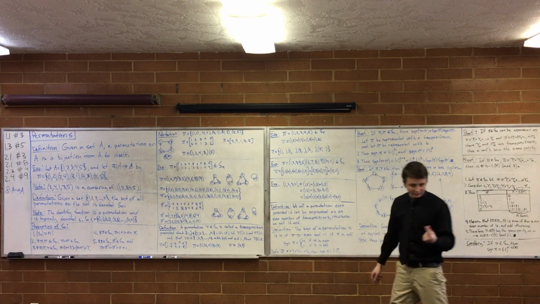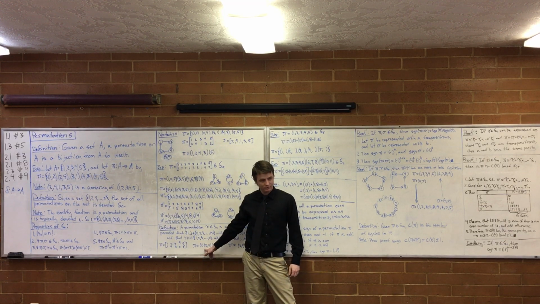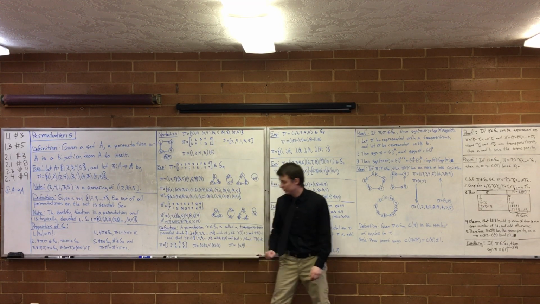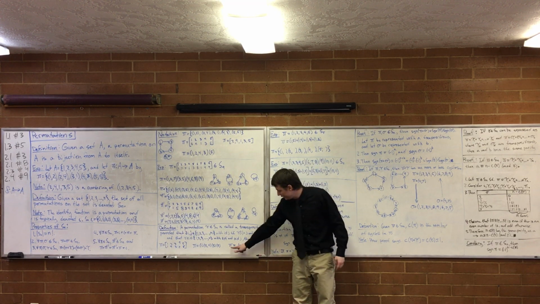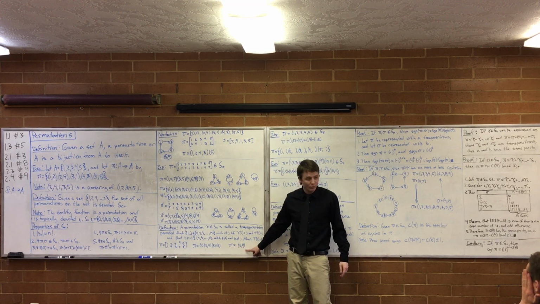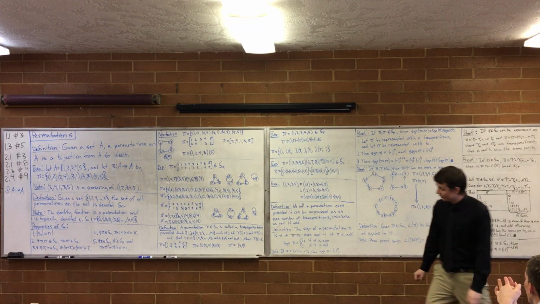Now notice once again, if this thing's a transposition, all you care about is the 2 and the 4. You don't need the 1 there, you don't need the 3 there, and you don't need the 5 there. You already know that this thing's a transposition. So all you need actually is pi equals (2 4), only if you know it's a transposition.